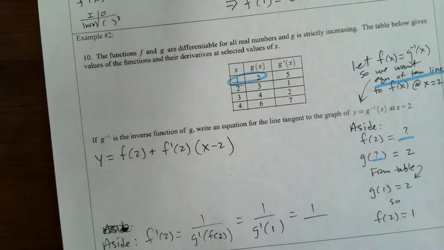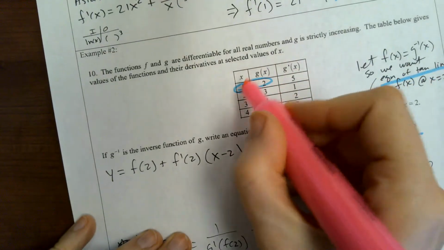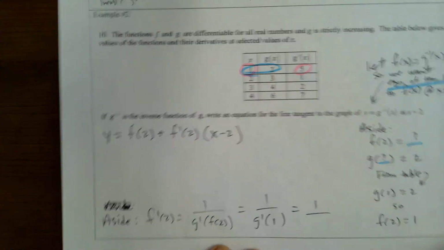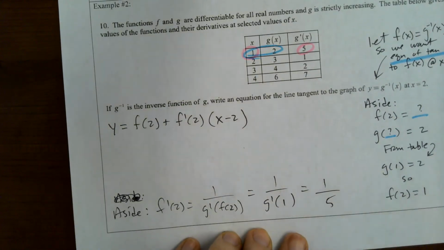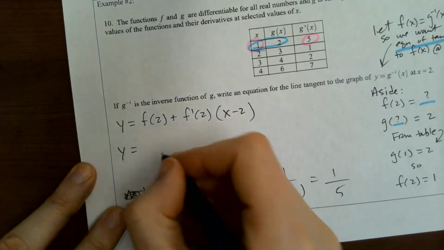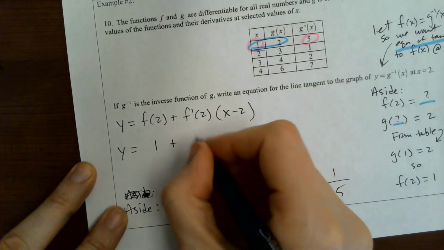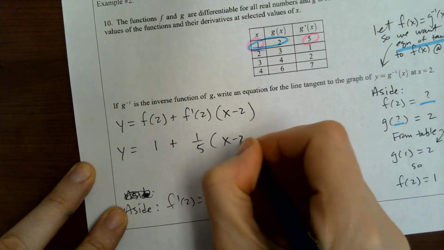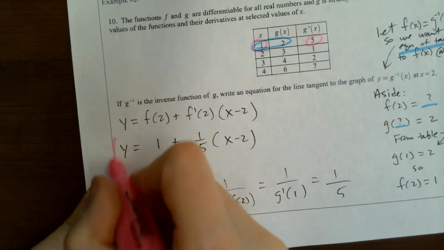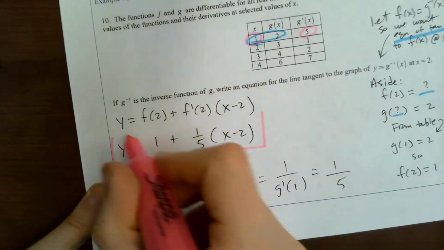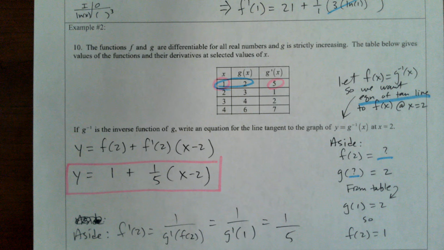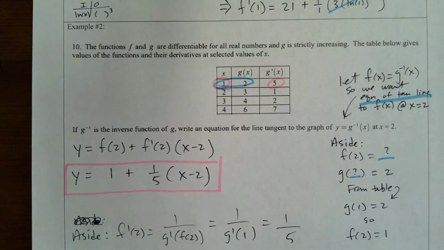So there's the g prime values. G prime of 1 is 5. So 1/5. And now I just plug these things in. So y equals 1 plus 1/5 times x minus 2. That is the equation of the tangent line to the inverse of g, which I named f, at x equals 2.